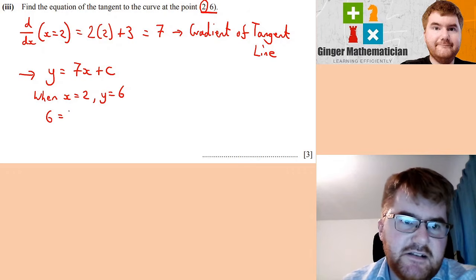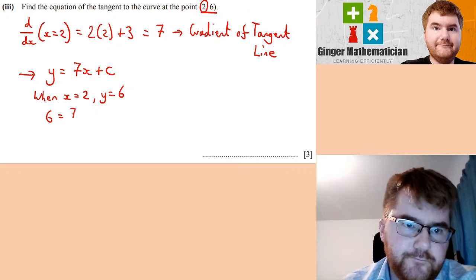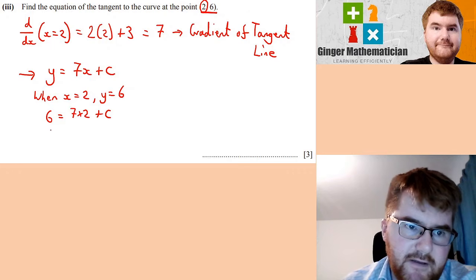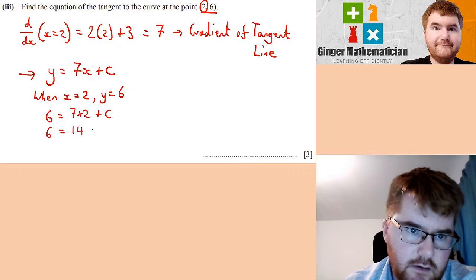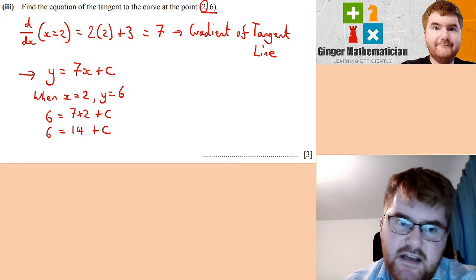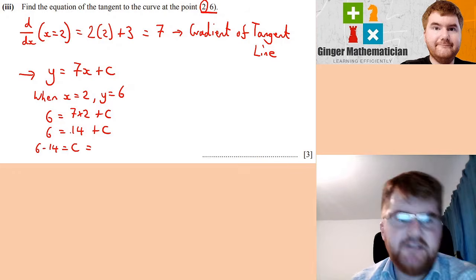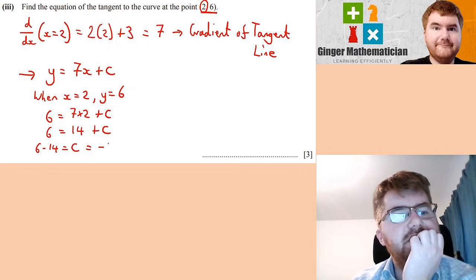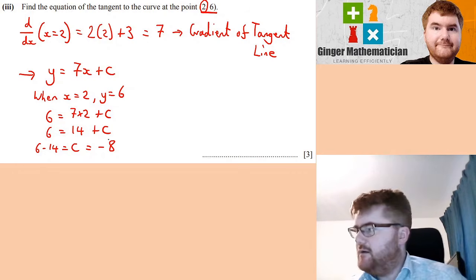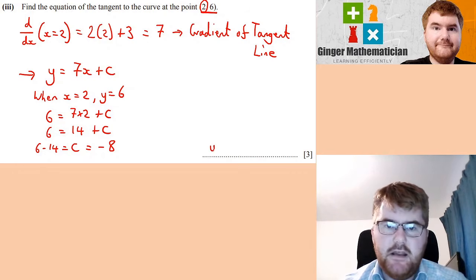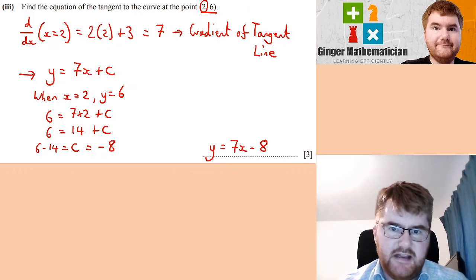So we get 6 is equal to 7 times 2, which is going to be 14. And then to work out c, we're going to minus 14 from both sides, and that's going to give us minus 8. So our final answer is going to be y is equal to 7x minus 8.